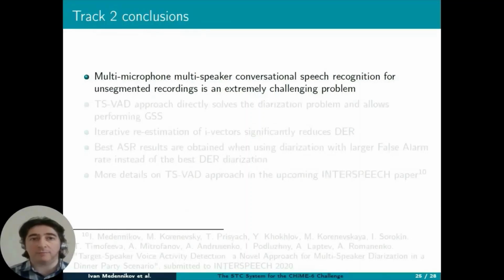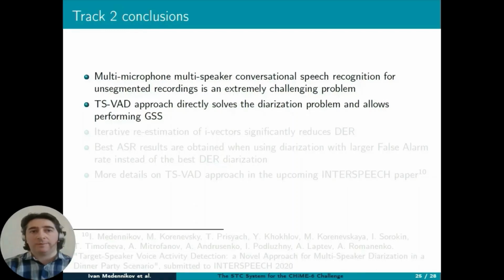Now let me make some conclusions on track 2. First of all, the task of track 2 was really extremely difficult, but extremely interesting as well. And we are grateful to the challenge organizers for providing an opportunity to work on it. The proposed target speaker voice activity detection approach directly solved the diarization problem with an accuracy which is good enough for performing GSS.